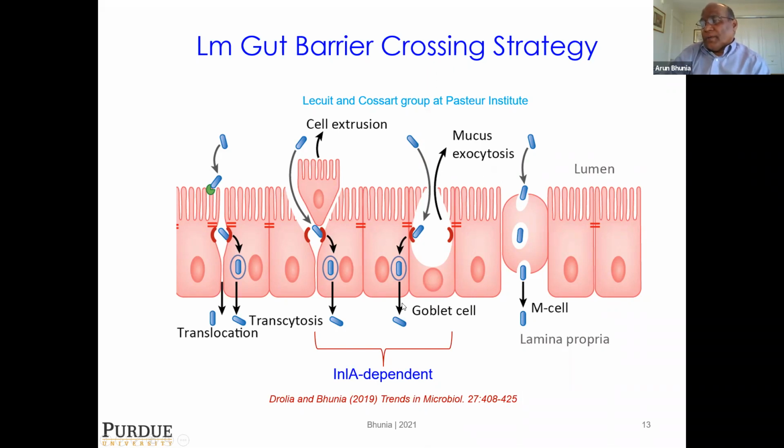But there is another problem with the Internalin A mediated pathway, which is well established. I think in all textbooks you will find the Internalin E-cadherin interaction is so critical for epithelial cell invasion. But one of the other issues with the Internalin A story is that the Internalin A mediated pathway appears not to work in the mouse model.